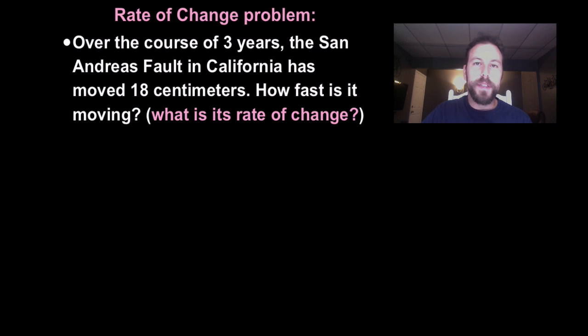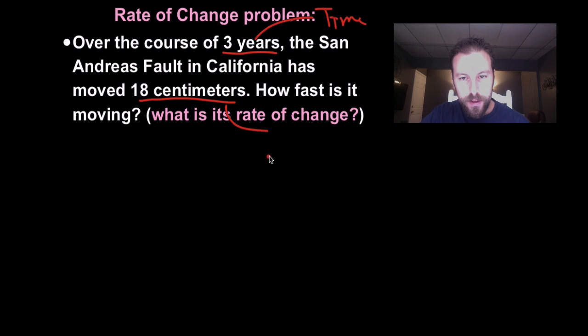Okay, here's an example of another rate of change problem. Over the course of 3 years, the San Andreas Fault in California has moved 18 centimeters. How fast is it moving? So we're going to go through the problem and look at the things we need. Well, 3 years, that is our time. Then we can keep reading and we see 18 centimeters is going to be our field value.